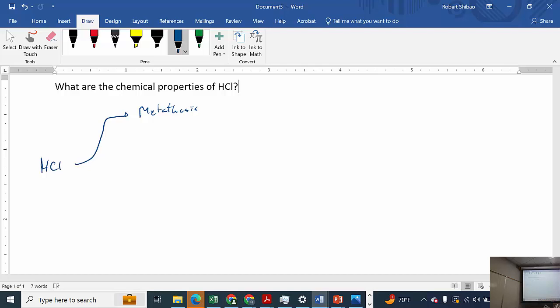Metathesis, when we swap the ions, we're looking for favorable or more favorable ion combinations than what you had before. And so the whole AB plus CD swap, I was just saying it favors the other ions more than the existing ions. And so for metathesis, we look at the cation here. And so this is our cation.